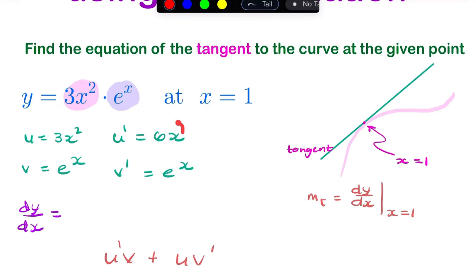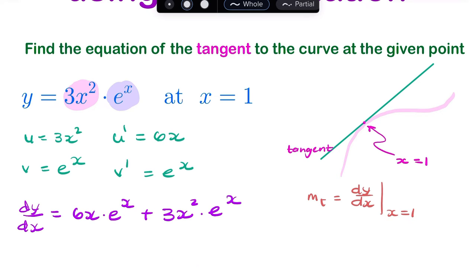So u dash v is that times that, so it's 6x e to the x plus 3x squared e to the x.